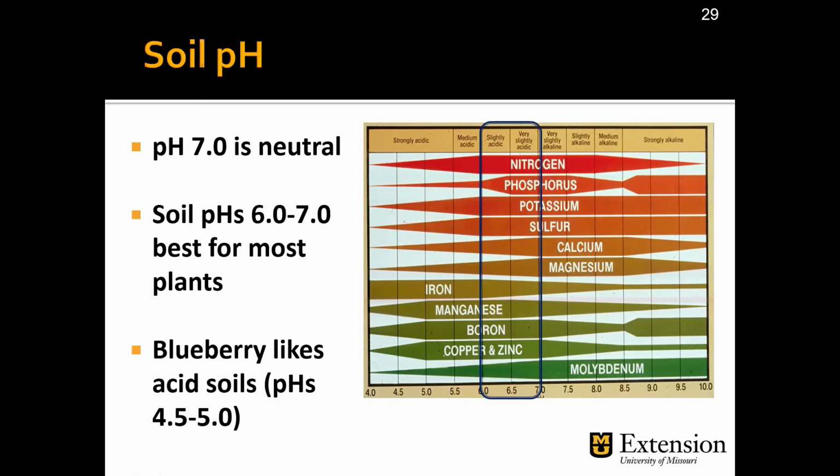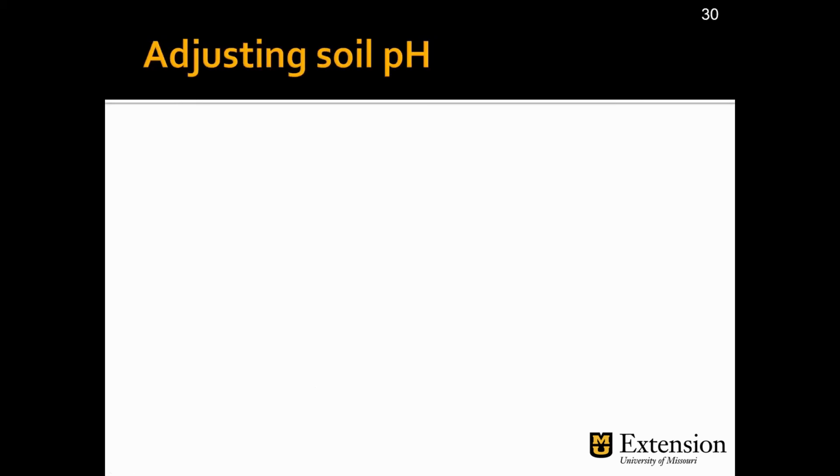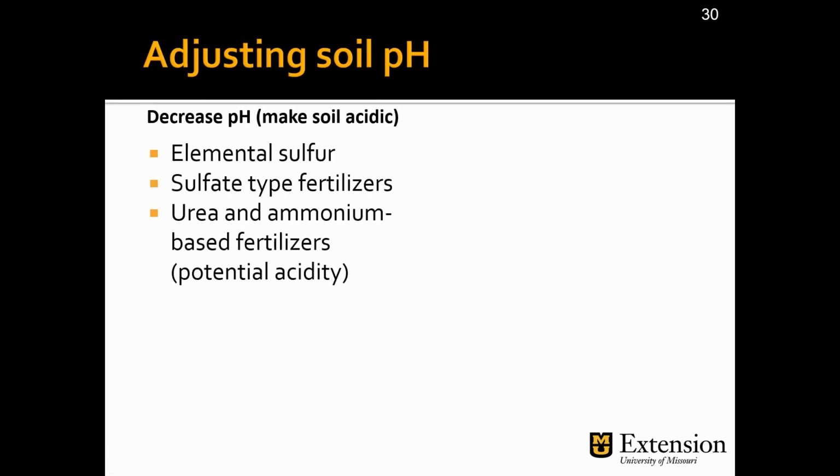What happens if you did a soil test and you notice that your pH is out of the recommended range? I'm just going to talk briefly about adjusting soil pH because we're going to cover that next class. To lower the pH and make it more acidic, let's say you have a pH of 8 or 7.5, you want to apply elemental sulfur, use sulfate type fertilizers, and use fertilizers that have urea and ammonium-based fertilizers.